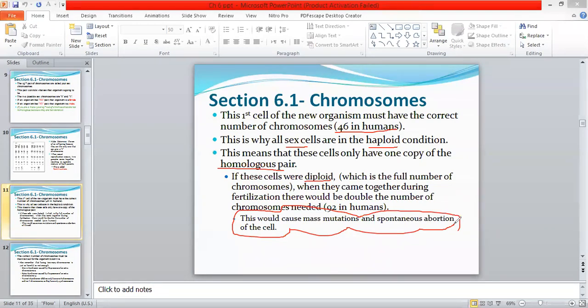Like Down syndrome, like Klinefelter syndrome. It changes the number of chromosomes. You know that the number of chromosomes in humans is 46. So if the number of chromosomes becomes 47, the person who has 47 chromosomes is abnormal. So it is called mutation.